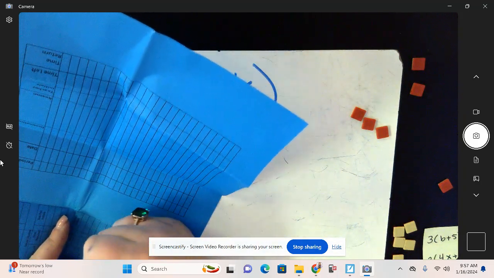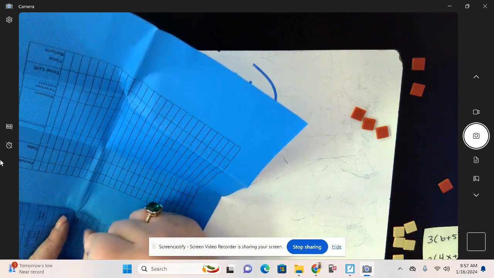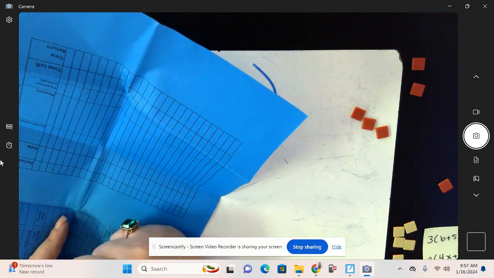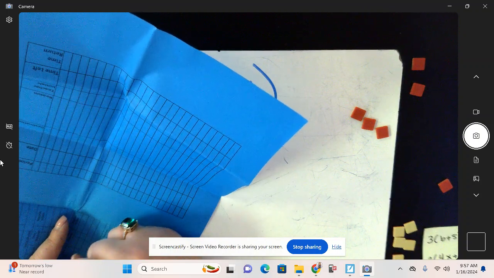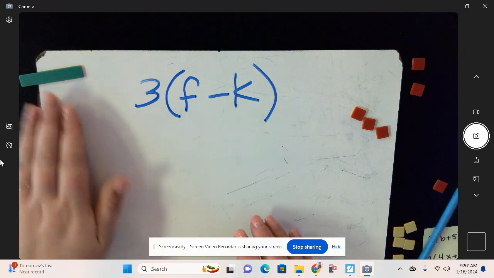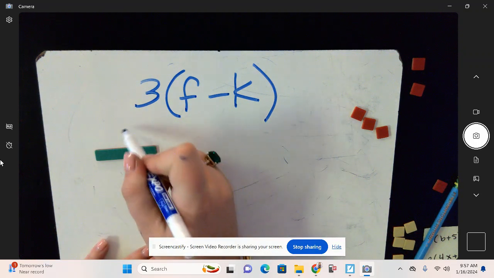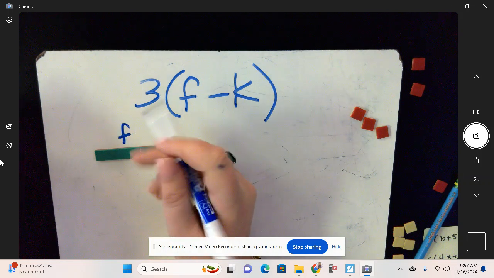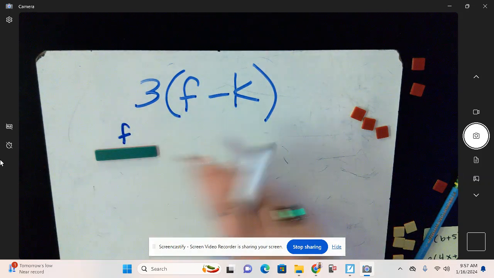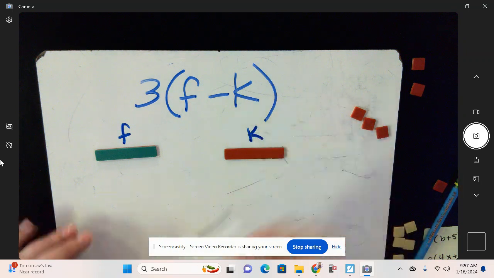So we're going to have to use both colors, okay? So let's let the green represent the F, and let's let the red side represent the K.